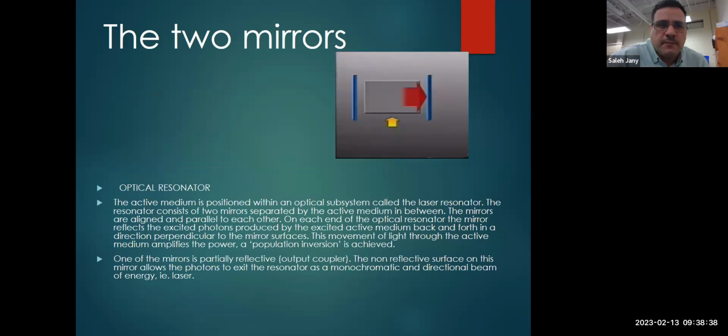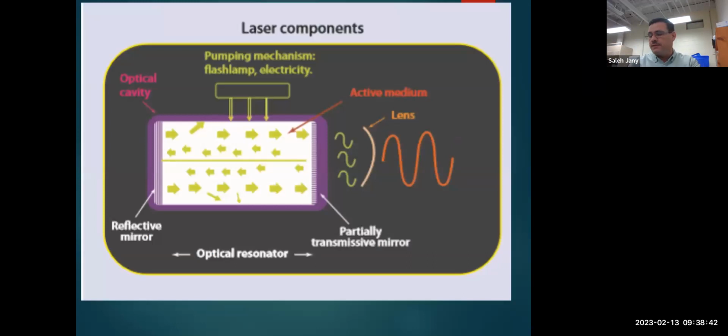And that's called the resonator, and the resonator has two mirrors. I told you one of them is highly reflective. The other is not 100% reflecting. Usually the photons that go in the direction of the mirrors will end up gaining energy.